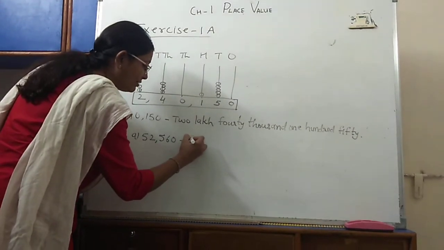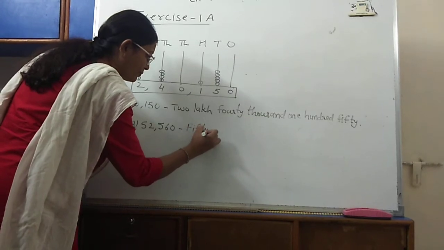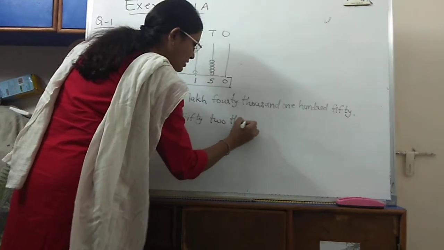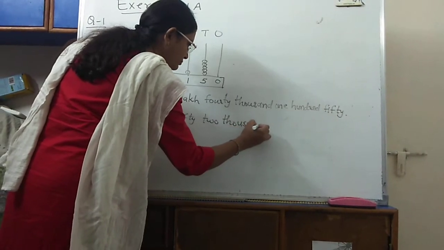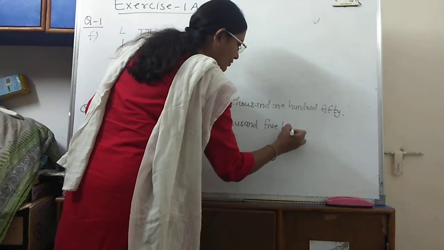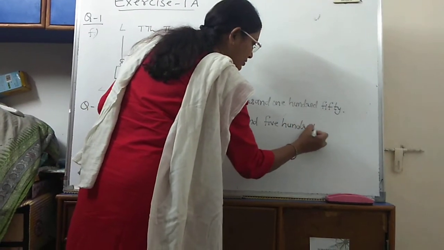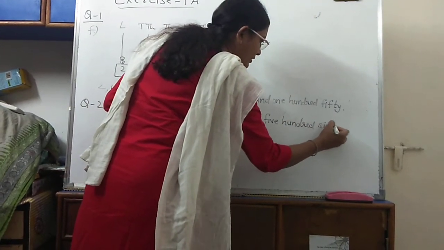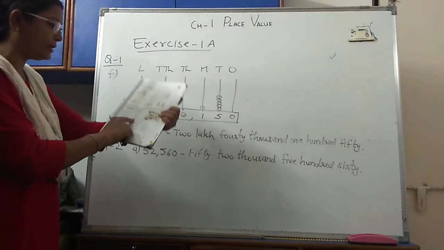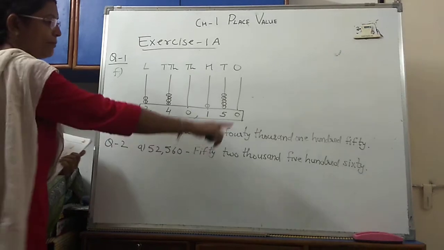So write here 52,560. Right? The same method you will continue for all the other numbers.